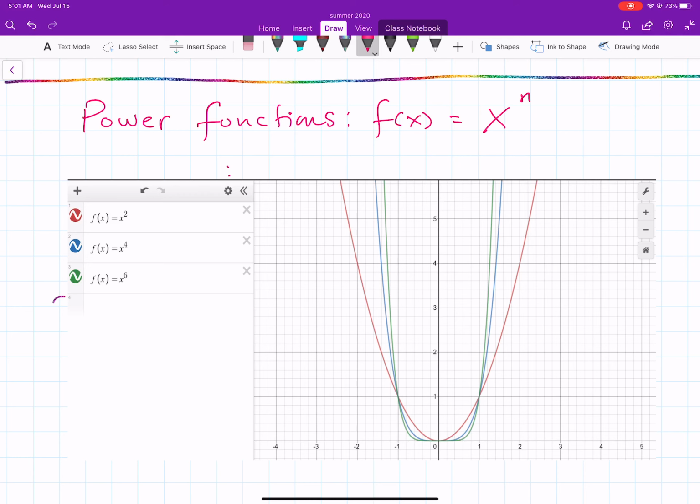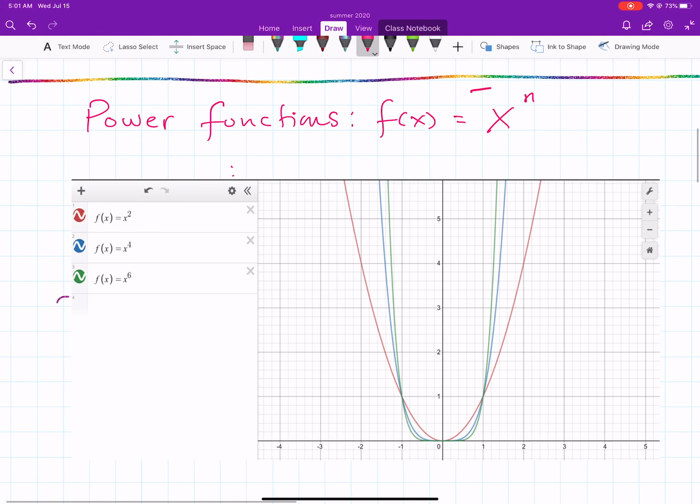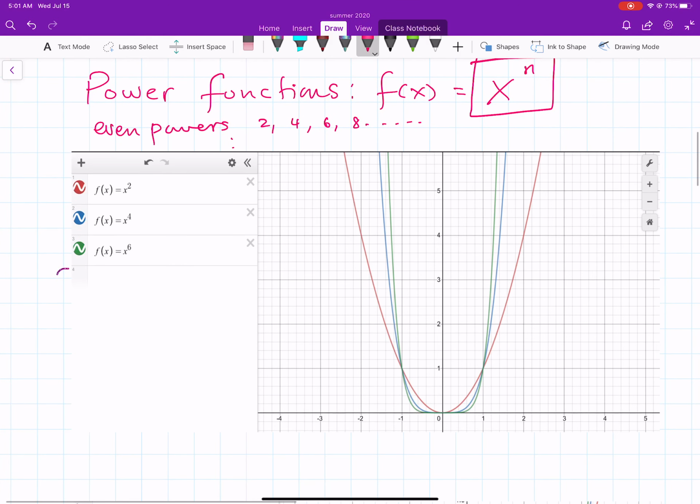So power functions are functions that have x to the n. All right, so we're going to look at even powers. So even powers are 2, 4, 6, 8, they're even. So if you look at the graph that I have on Desmos over here, I plotted x squared, x to the 4th, x to the 6th.